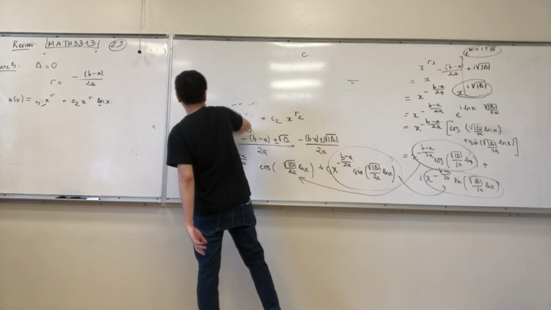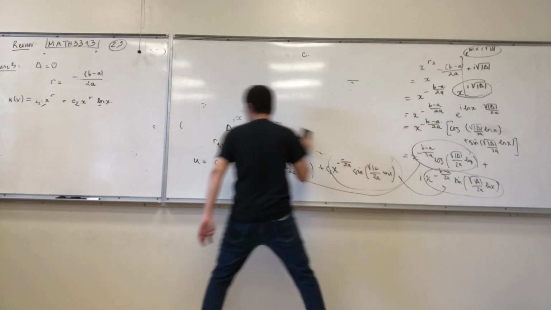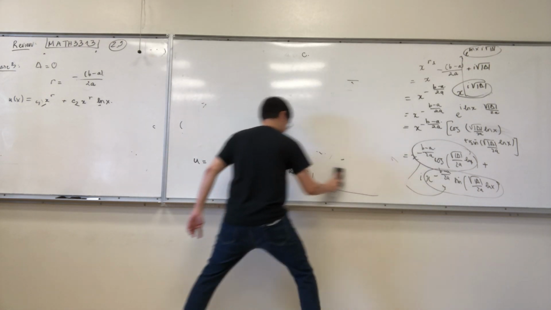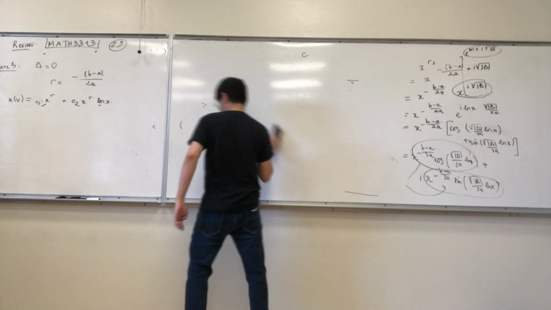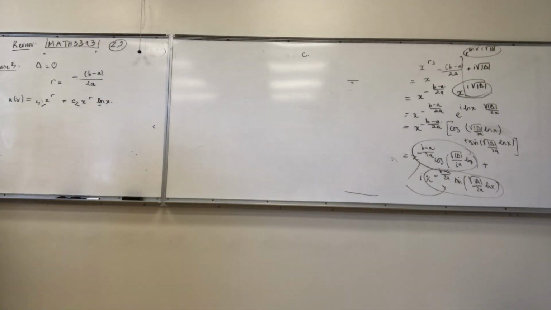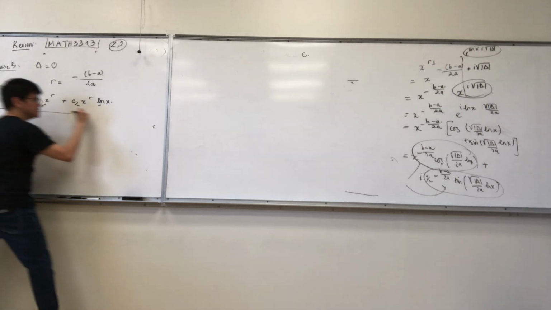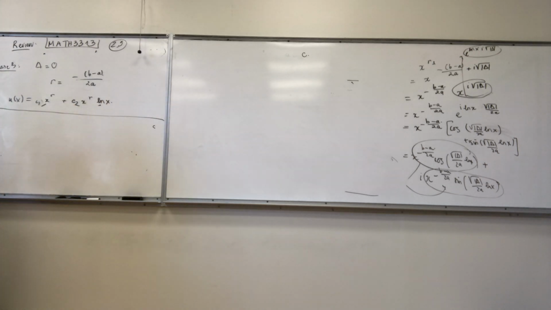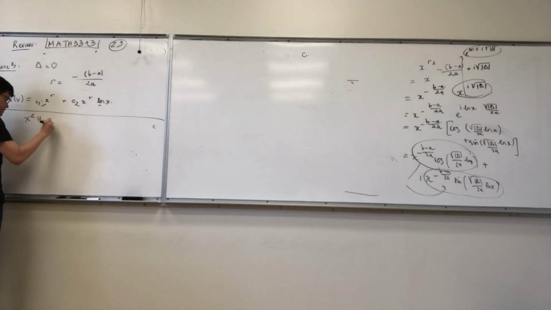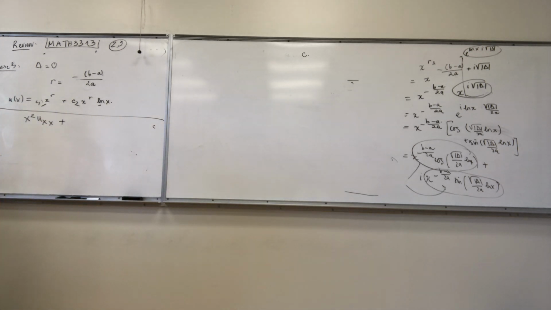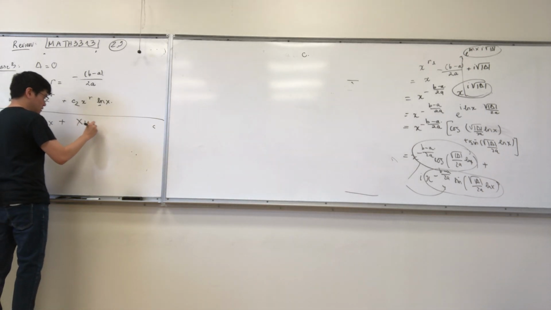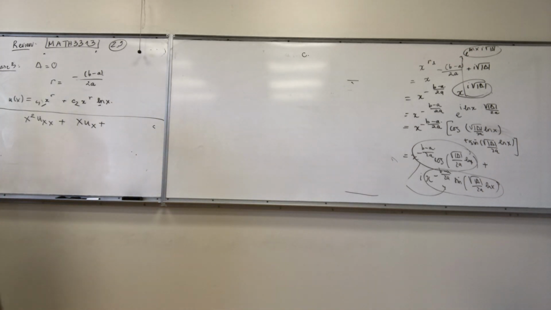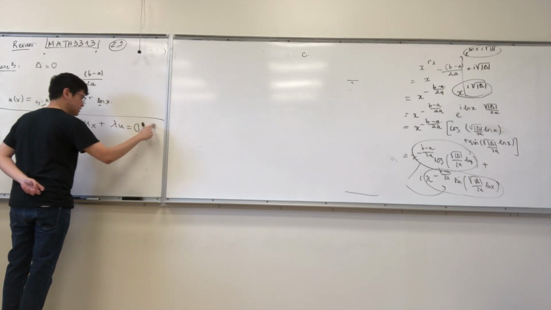But I'm going to keep case 3 because this is what we are going to do. For the last time, we were trying to solve x squared u_xx plus x u_x plus lambda u is 0.